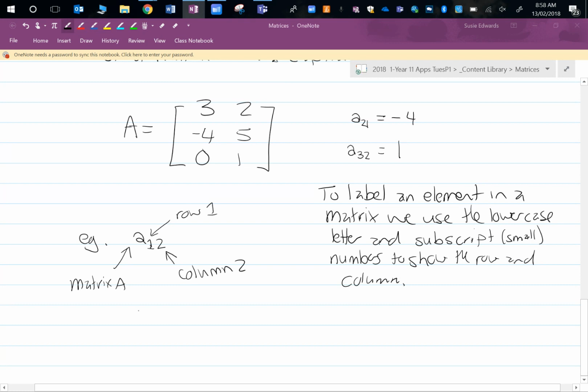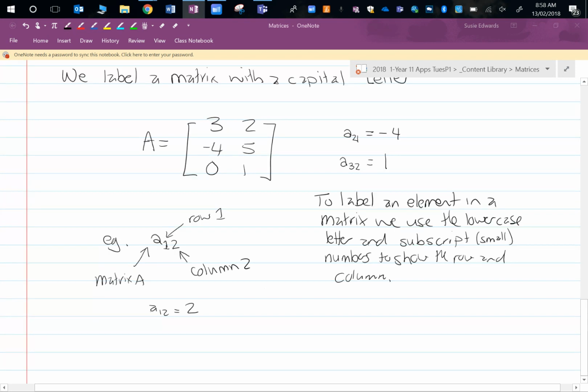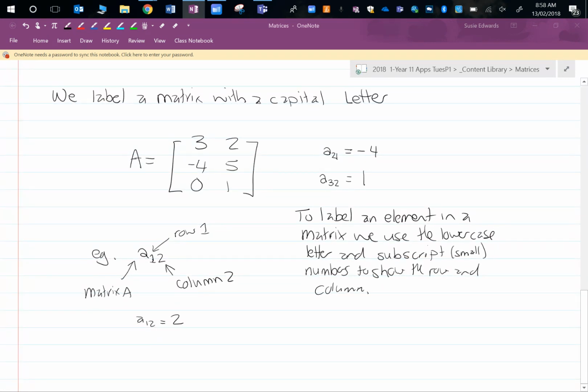And so therefore a 1,2 equals row 1, column 2, which is -4... Everyone good to there? Good.